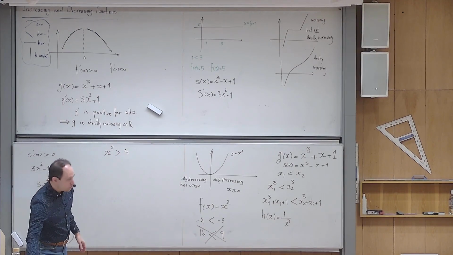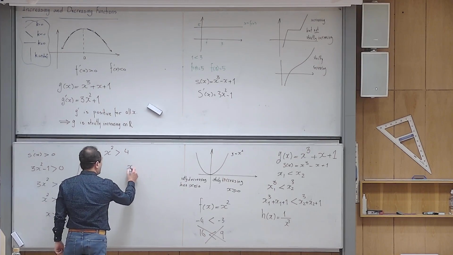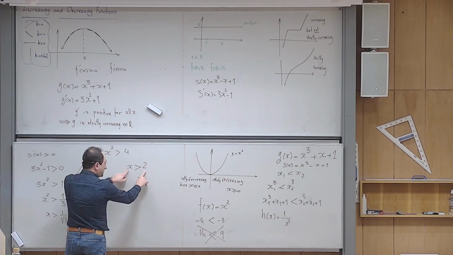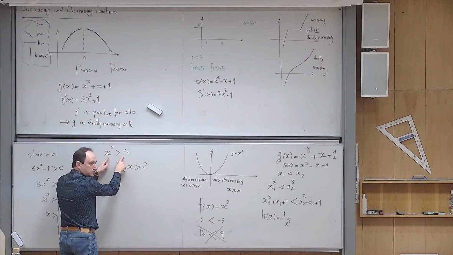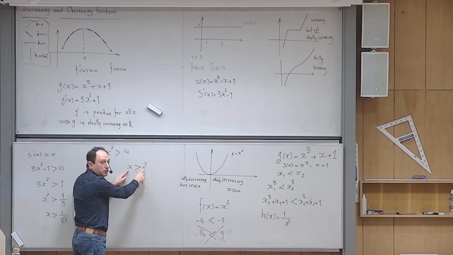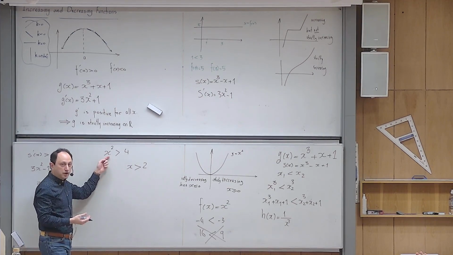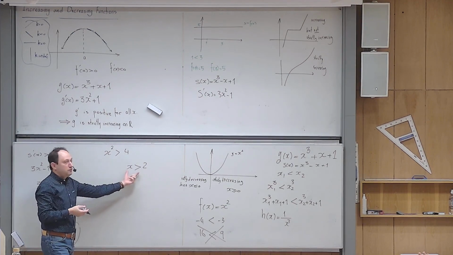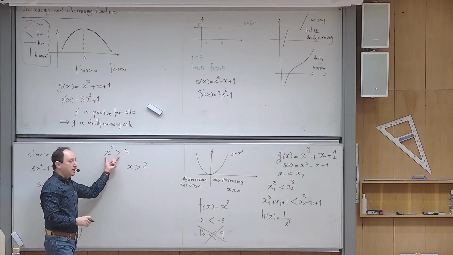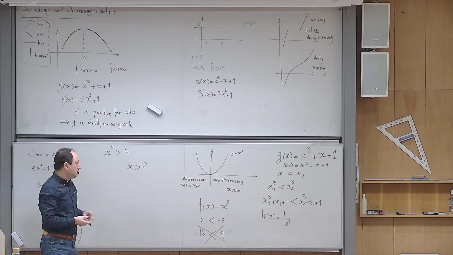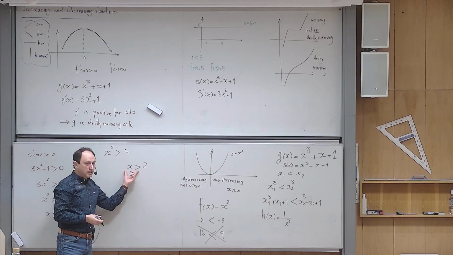Of course, if x is greater than 2, this already guarantees this is the case. That is true. But is this the whole story? When I ask to solve, I don't mean to give me partial answers. When I ask to solve an inequality, I mean give all possible answers.